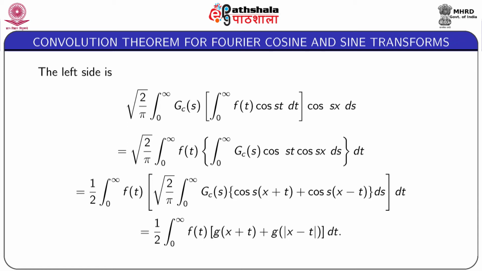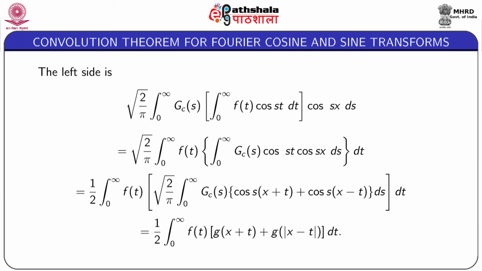Now, integral 0 to infinity of GCS into cos s(x plus t), after Fourier cosine inversion, gives back small g(x plus t), and integral of GCS cos s(x minus t) ds, after Fourier cosine inversion, will give back small g(mod x minus t).